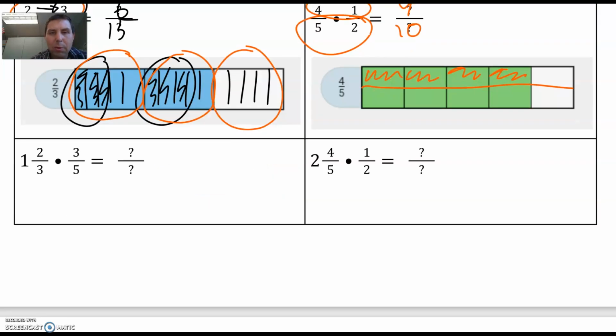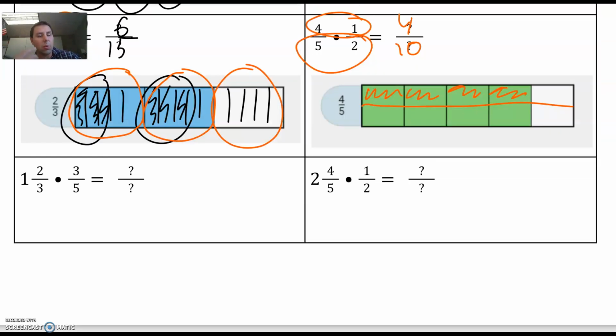Okay? So we don't want you to do the picture every time, but the picture helps us see why we multiply across. And that's one of the things we want you to get from this course: why do we multiply across. So here, when I have a mixed fraction, it's a little harder to multiply unless I can rewrite it as an improper fraction, because then I can just multiply across. So what I'm going to do is rewrite this as improper.